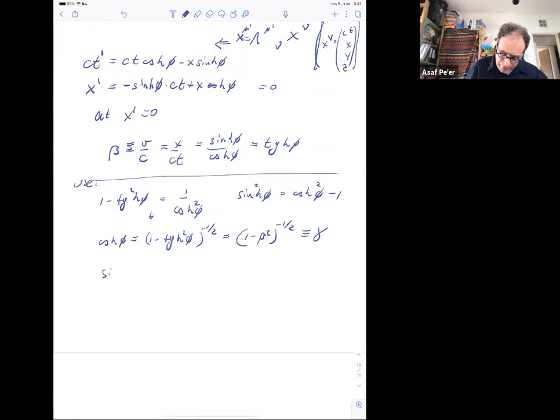And sine hyperbolicus squared is just cosine hyperbolicus squared minus 1. So you can just remove the square. Sine hyperbolicus of phi is just gamma squared minus 1 to the 1/2, which is just gamma beta.